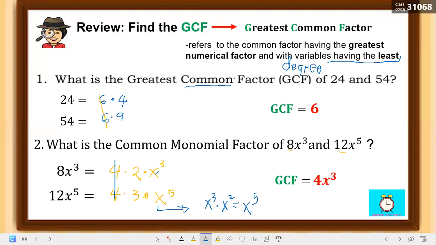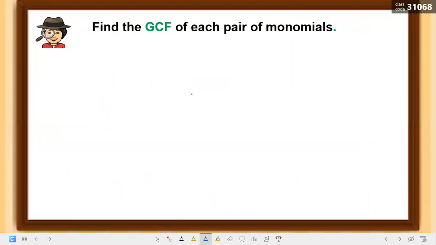Okay, let's have this one. Find the GCF of each pair of monomials. Identify first. You have to break down. Can you give me the factors of 3y raised to 4? 3 times 1 times y raised to 4 po.